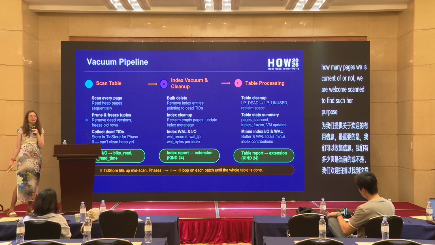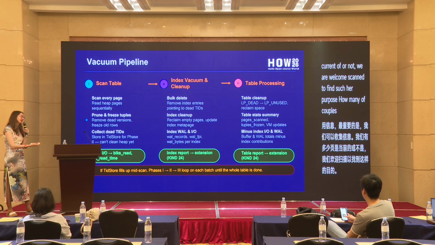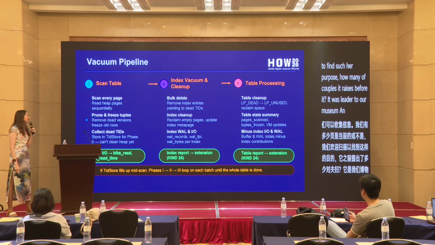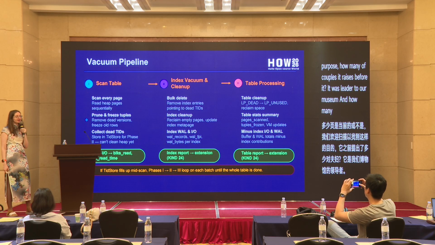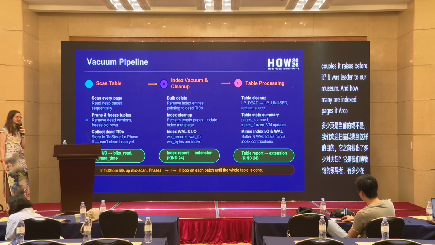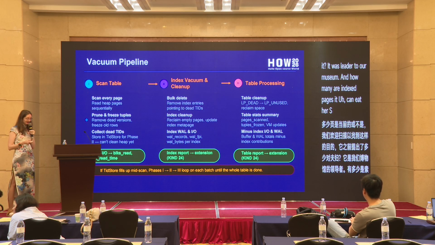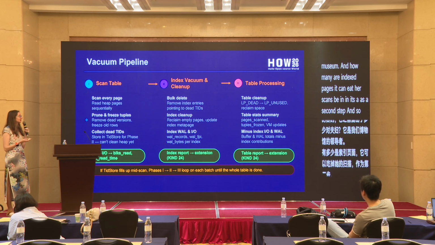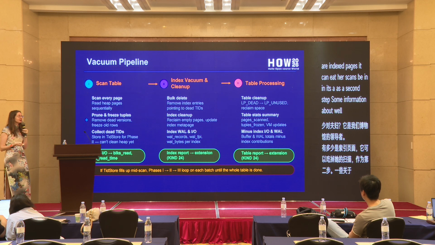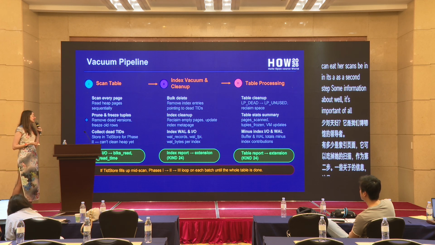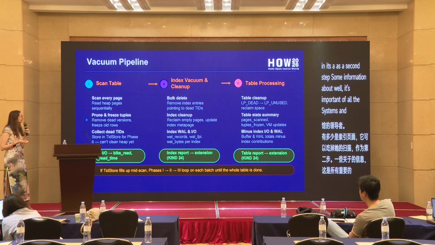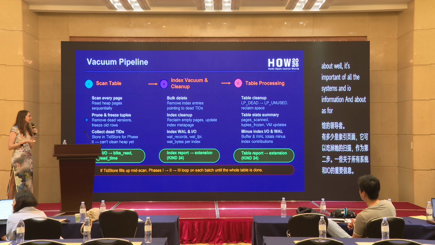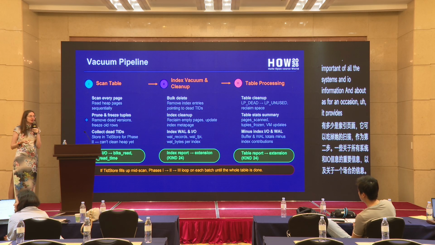How many tuples it froze before it was ready to remove them, and how many index pages it scans in its second step, and some information about WAL. It's important for the system, and I/O information. And as for truncation, it provides some information about pages removed.